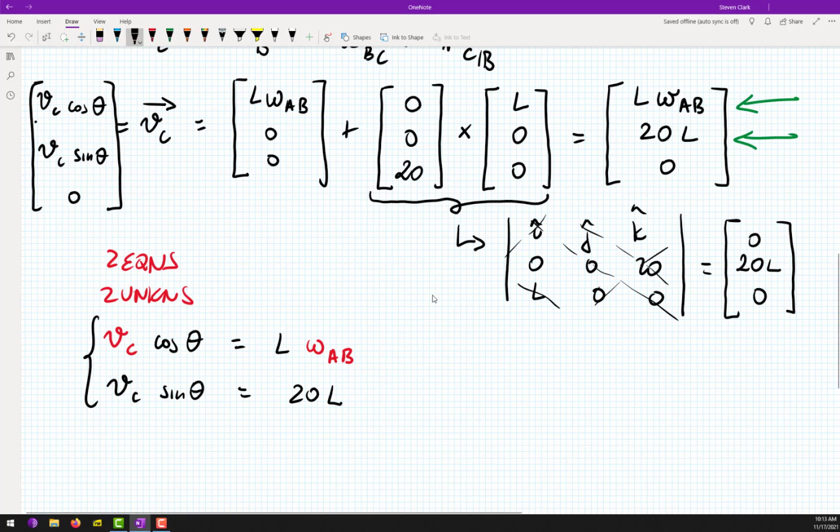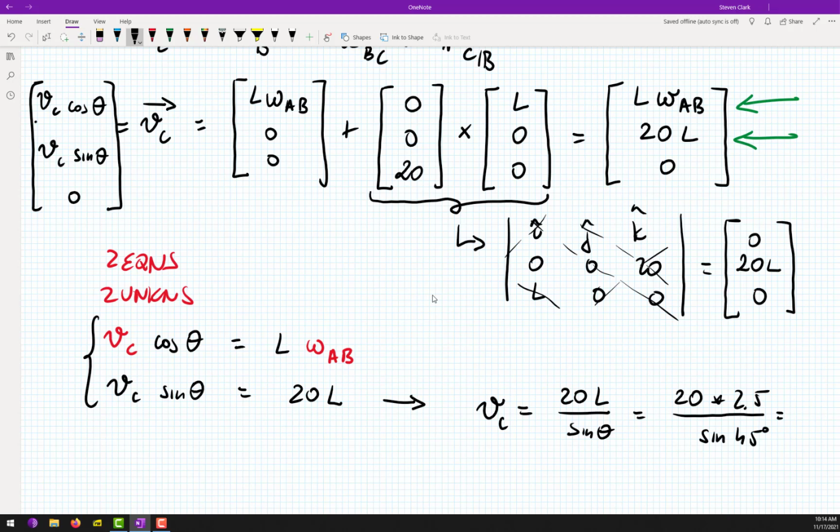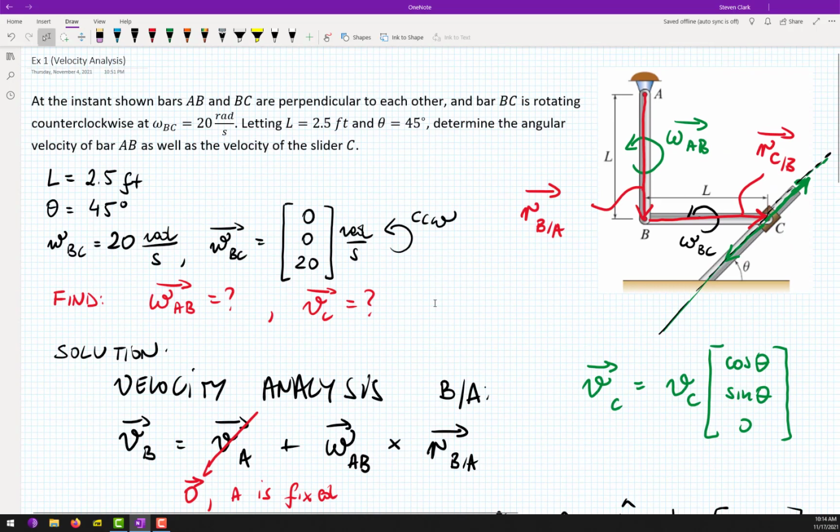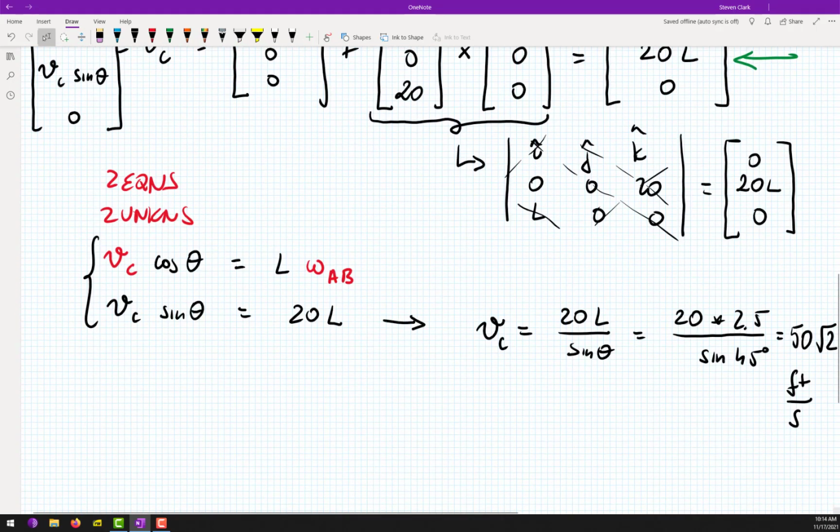So from this expression, we can see that VC is equal to 20L divided by sine theta. So just plug in values. This will be 20 times 2.5 divided by sine 45. If you grab calculators, you will obtain that this is equal to 50 square root of 2 feet per second.